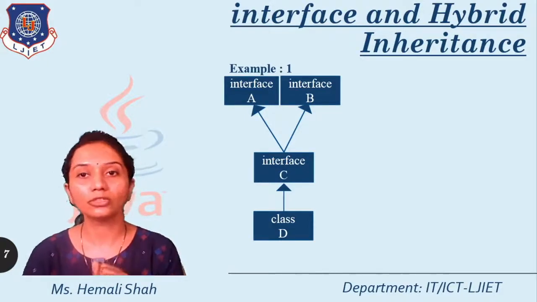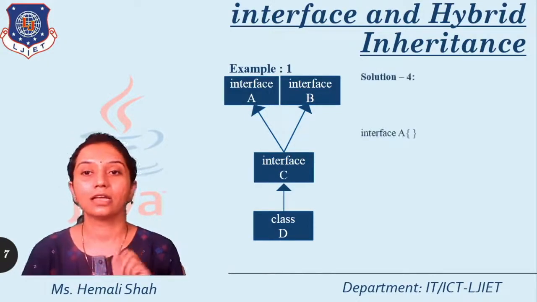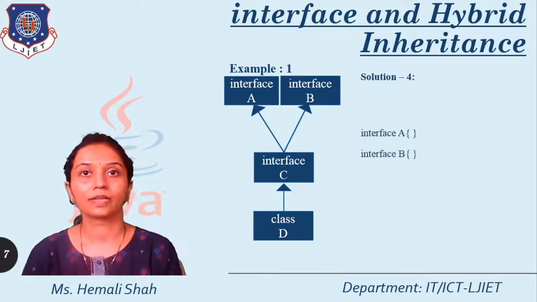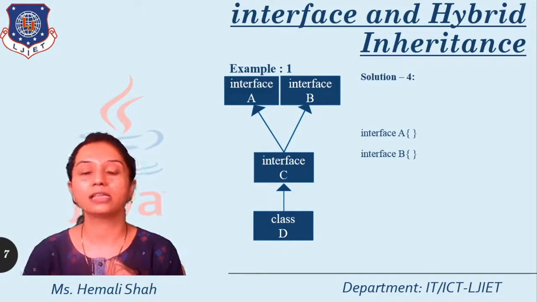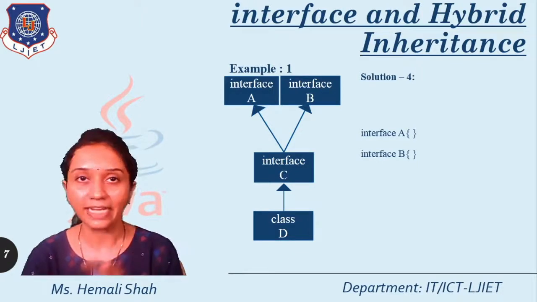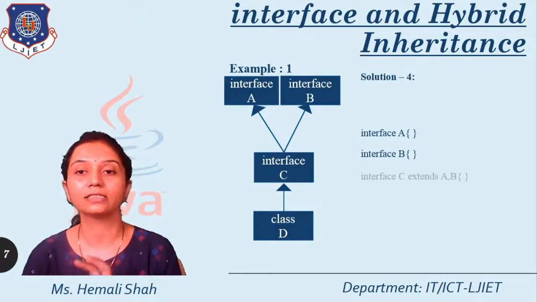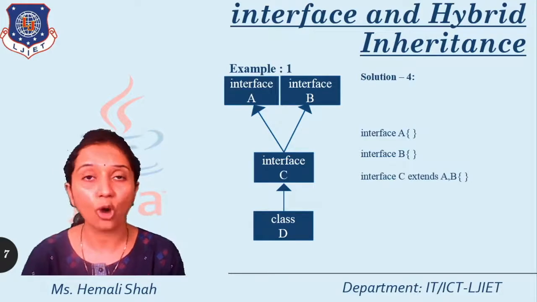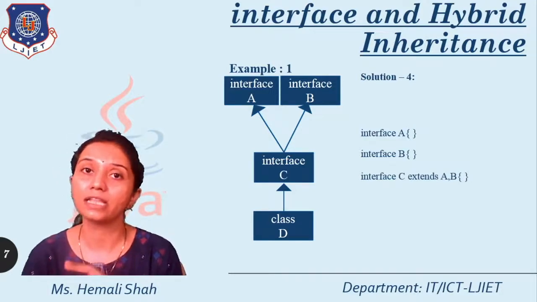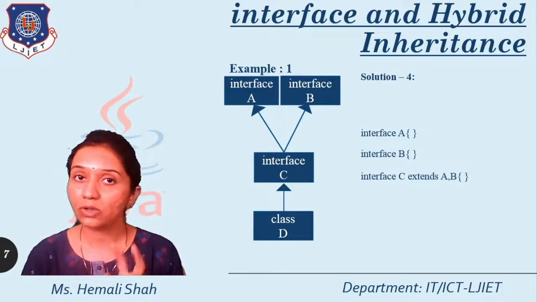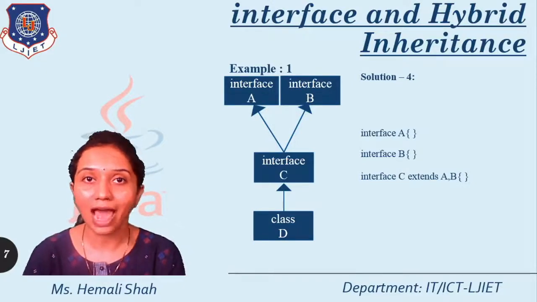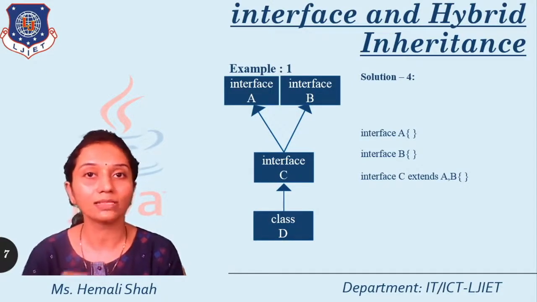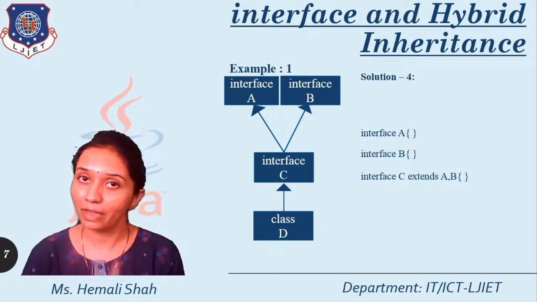So solution 4 will become like this: interface A, interface B. Now an interface extends other interfaces. So the syntax will become like this: interface C extends comma separated interface names. This comma separated list is not possible with classes, extends with comma separated class names. Keep in mind this thing.